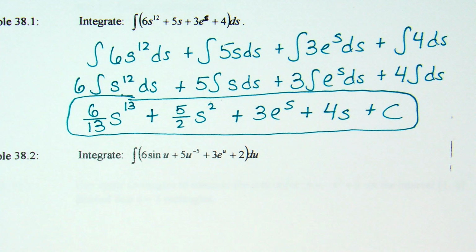Divide by 1, it's still 4 though. And so that is 4s. Does that make sense? Or the other way is think about, okay, if I started with 4s and I take the derivative of 4s, I get 4. So then the antiderivative of 4 is 4s. Okay? I know, it's just trying to get it all straight in your brains at this point.